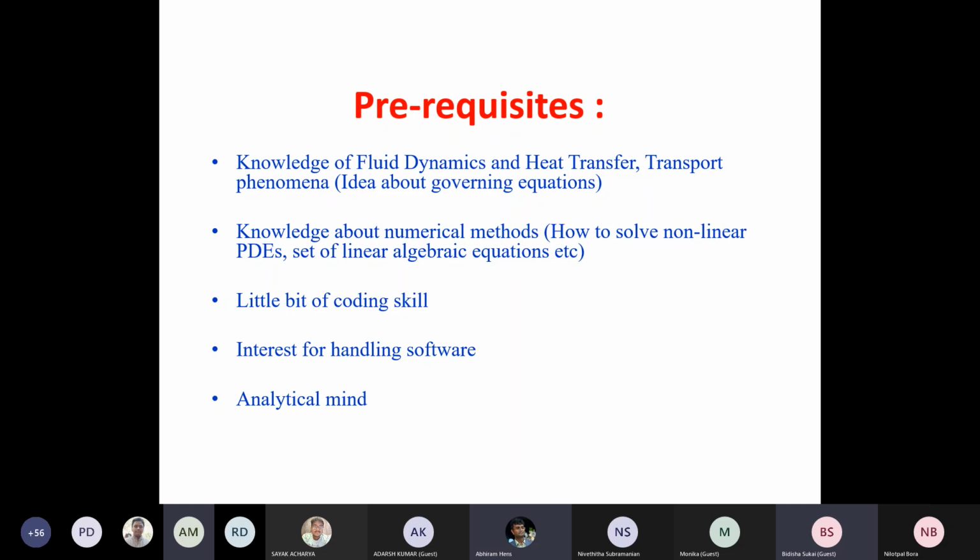But CFD starts from the very basic governing equations, which are obtained as differential equations.